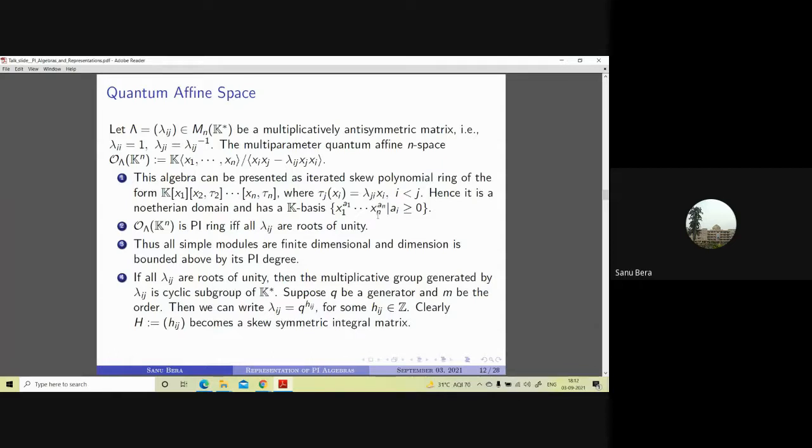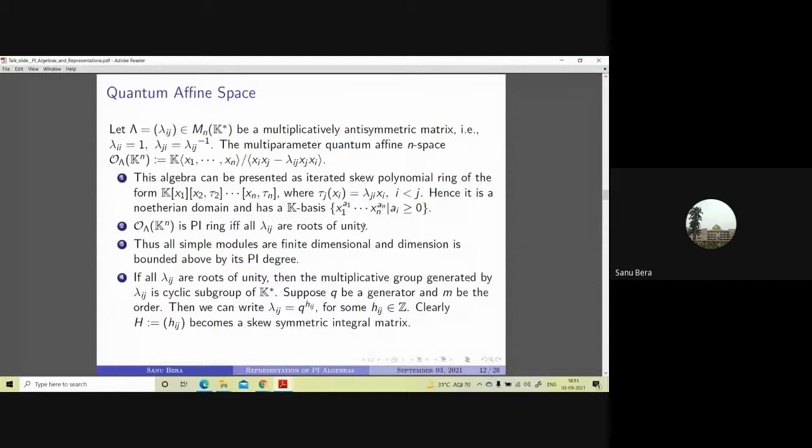Next, we will show that quantum affine space is a PI ring under some restriction. Here the restriction is that all the parameters are roots of unity. If the lambda ij are roots of unity, then quantum affine space will be a polynomial identity algebra.